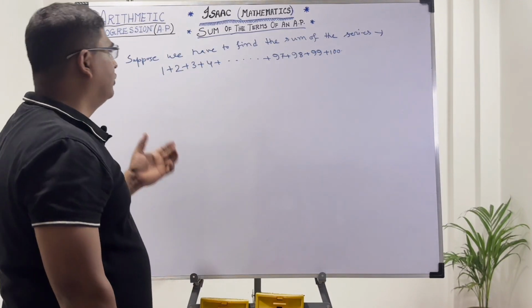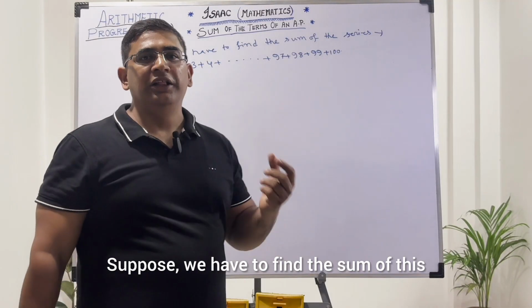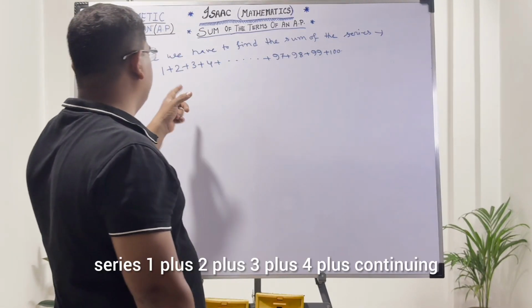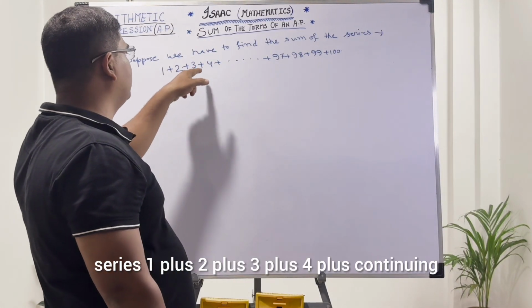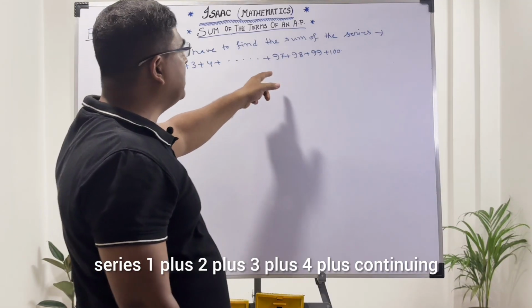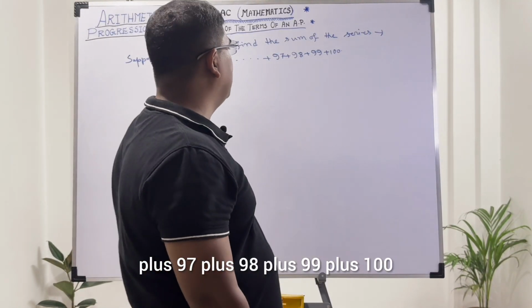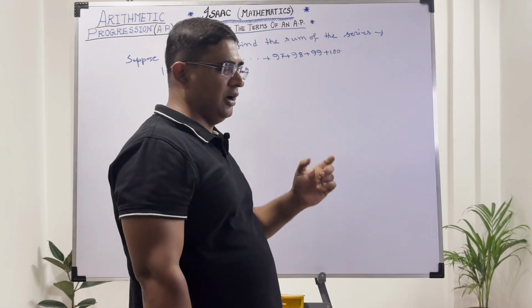Okay. Suppose we have to find the sum of this series 1 plus 2 plus 3 plus 4 plus continuing plus 97 plus 98 plus 99 plus 100.